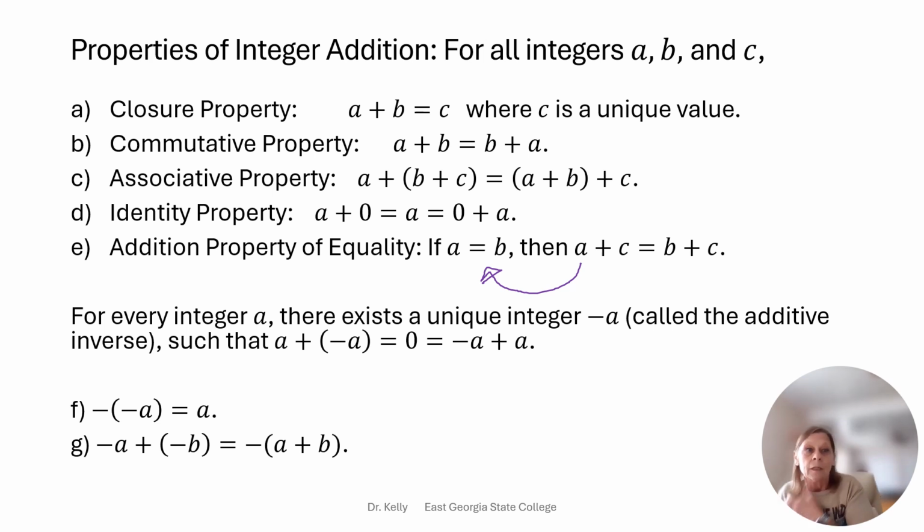Now, for every integer a, there exists a unique integer, negative a, and that is called the additive inverse. The additive inverse just means if I give you 5, the additive inverse of 5 is negative 5.